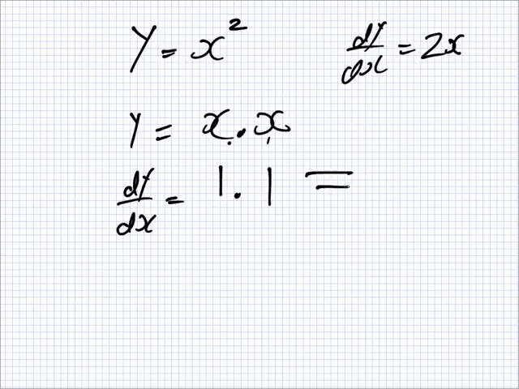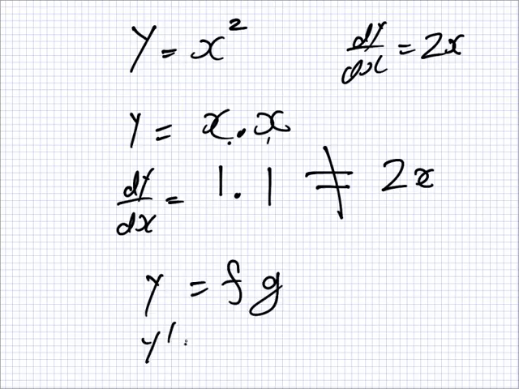And we know that this is wrong, because it should be 2x, and this is not 2x. So, in other words, if we have f multiplied by g, its derivative is not as simple as f derivative multiplied by g derivative. It's nearly that simple, but it's not as simple as that. So let's have a look at what the real rule is now.